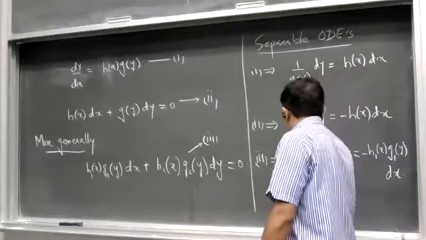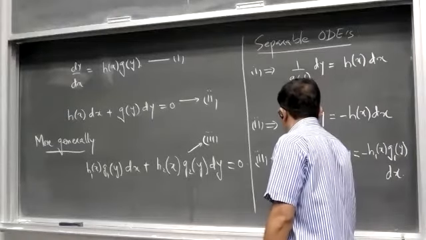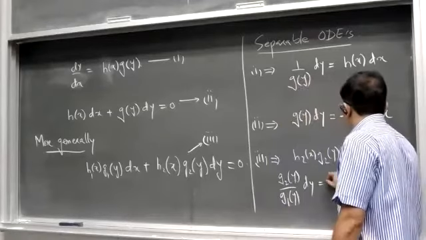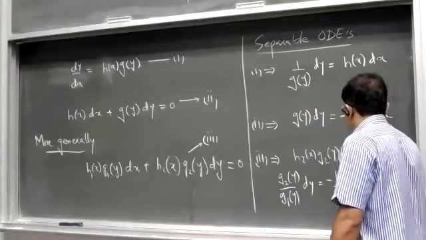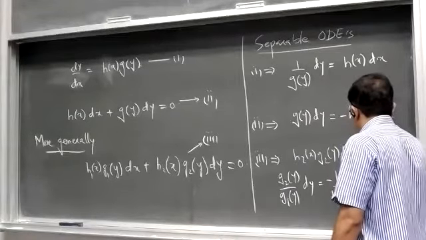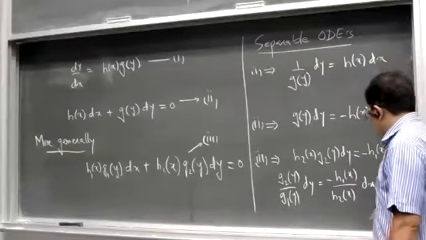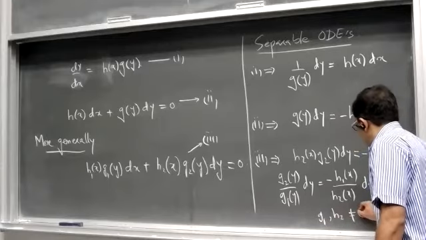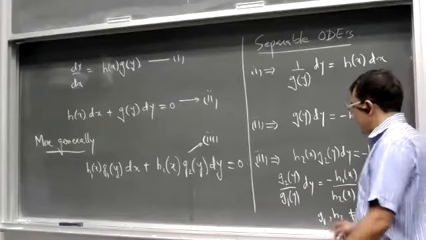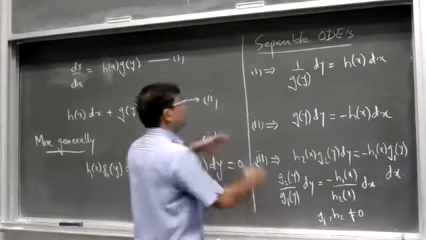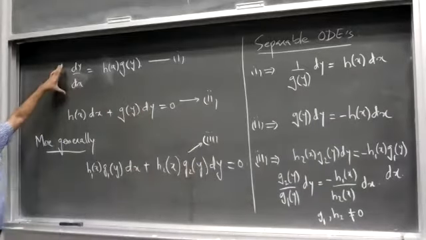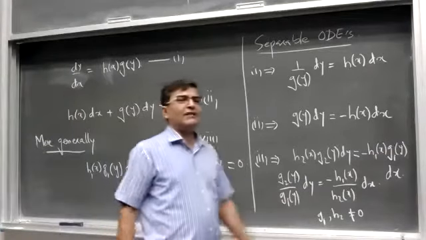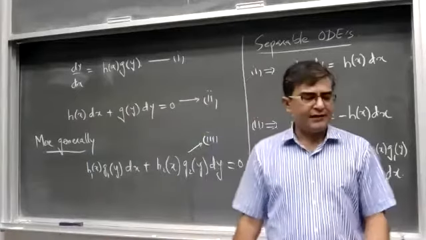So we can write here g2 of y divided by g1 of y dy is equal to negative h1 of x divided by h2 of x dx, provided that g1 and h2 are not zero for all values of x in the domain. So equations of this form are called separable ODEs, as we can separate the variables.